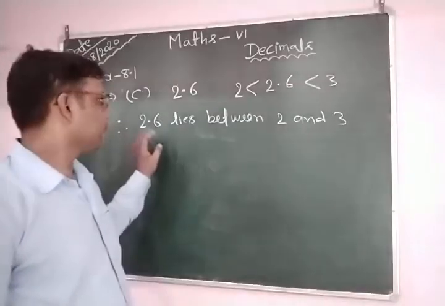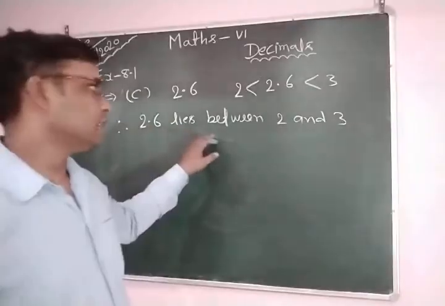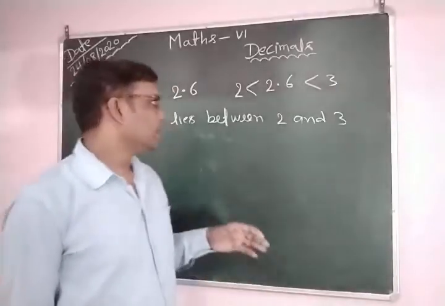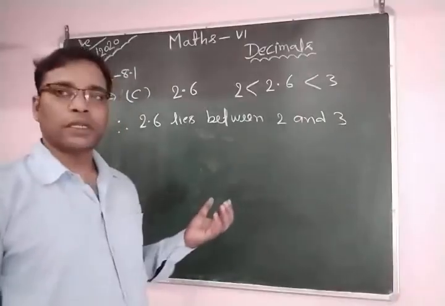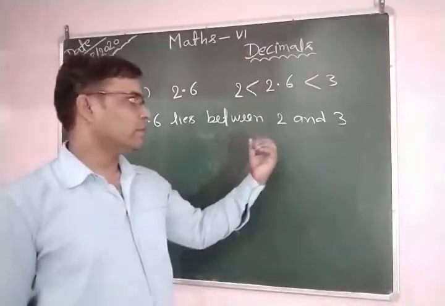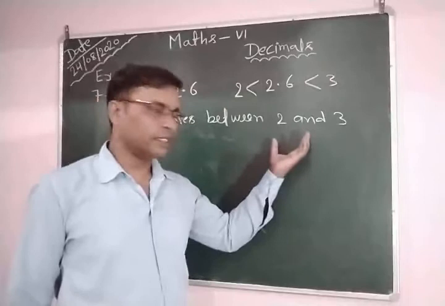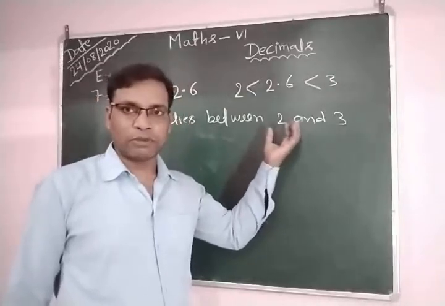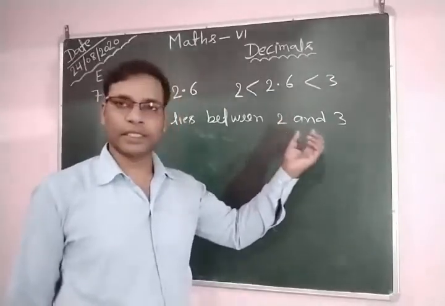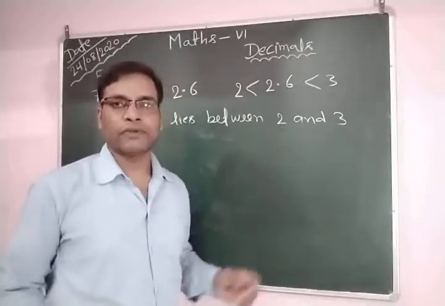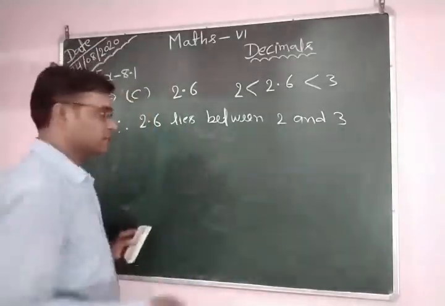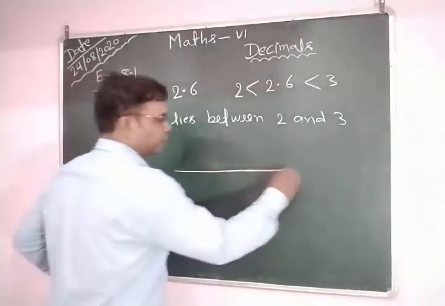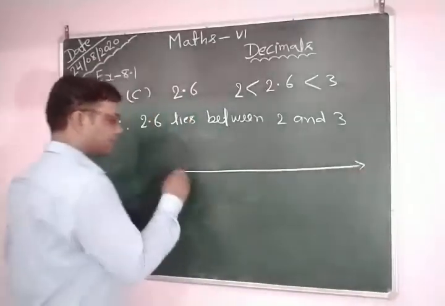You can see here 2.6 lies between 2 and 3, and you also need to find which whole number 2.6 is nearest to, 2 or 3. So for this, first we draw a number line, and after this we take a decision.